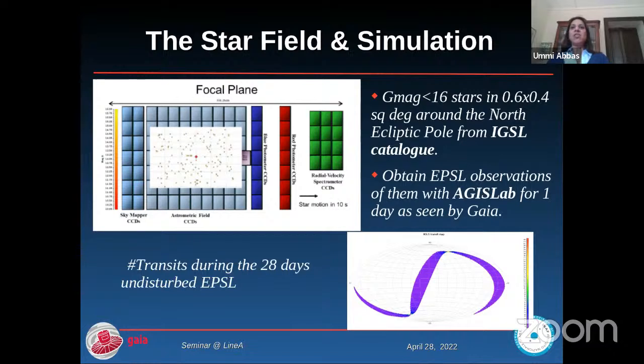We chose this particular field, the ecliptic pole, because if we look at the lower right-hand corner, this shows the number of transits that were seen by Gaia over 28 days. And as you can see, if you look at the two poles, let me see if my cursor works.